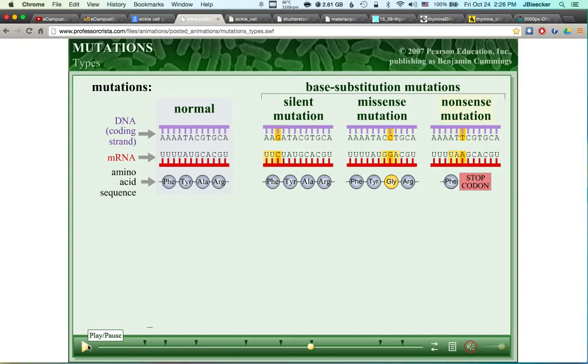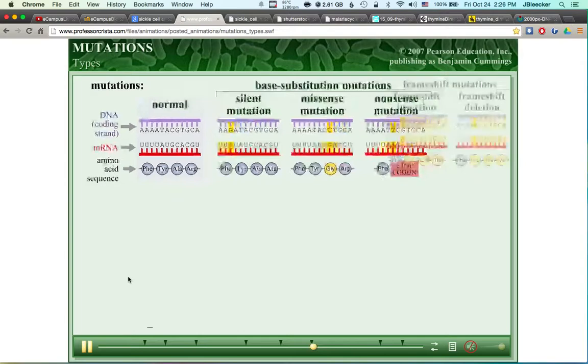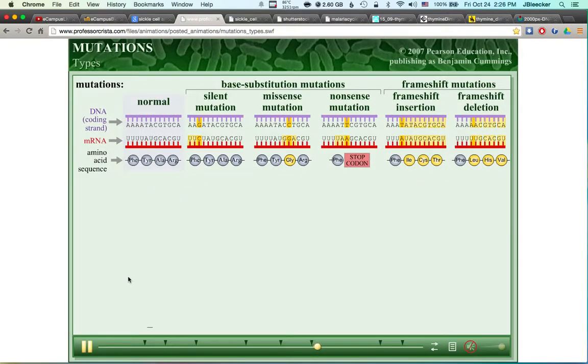Now you're not getting the production of insulin anymore. Well, that could just very well be a fatal mutation. Hopefully, this isn't a protein in the body that's so important that you couldn't live without it. That's probably the worst case scenario, is to get a nonsense base mutation in that point.